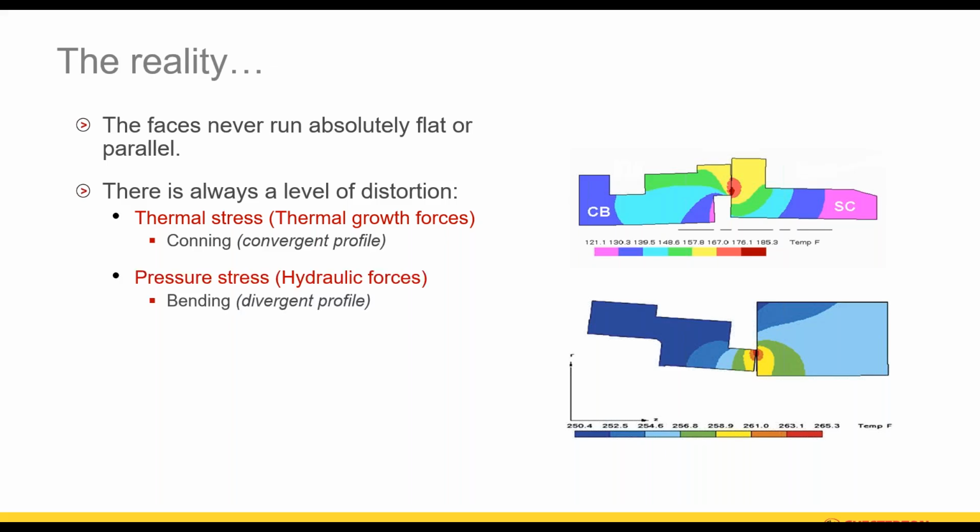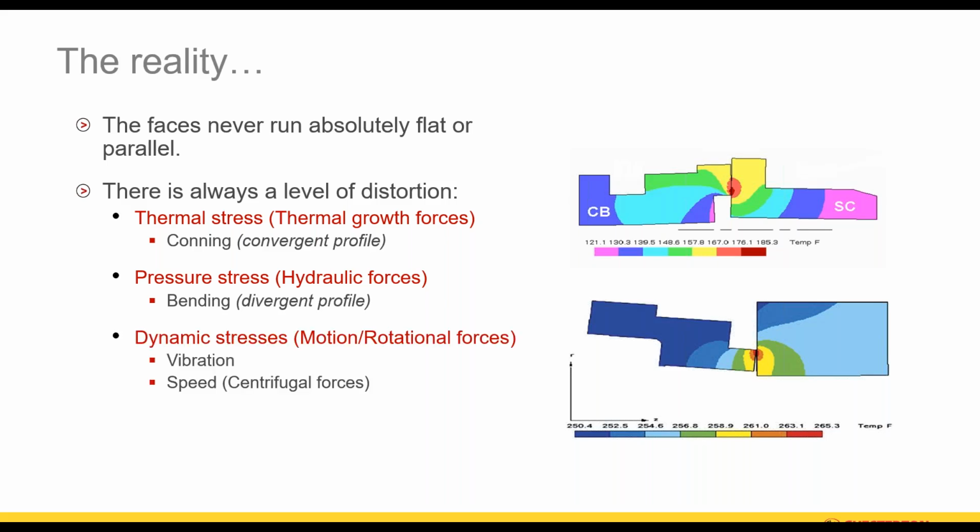Next, there are pressure stresses, hydraulic forces acting against these faces. They tend to cause bending, pushing the faces down. There are also dynamic stresses coming from the motion and rotational forces of the pump operating. There's vibration. We're talking about the speed of the pump and the centrifugal forces that all impact these seal faces.